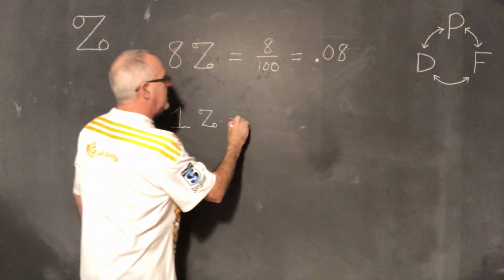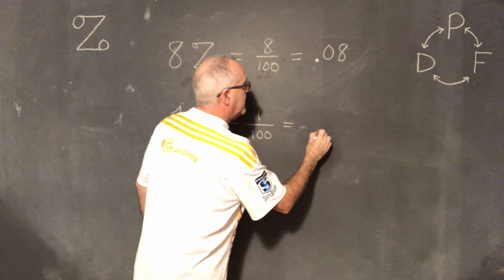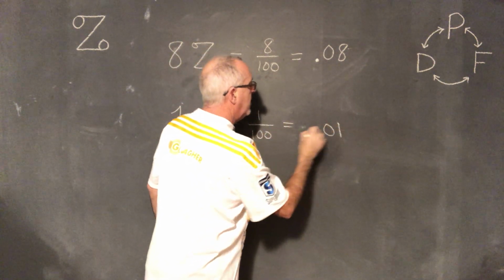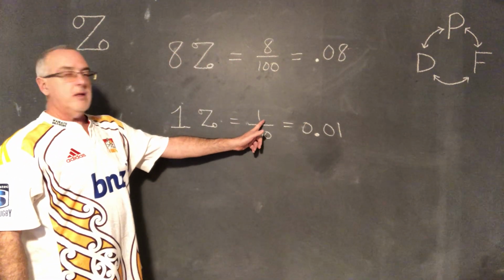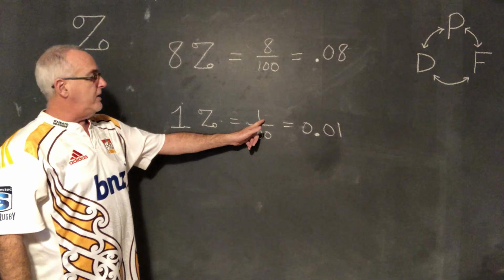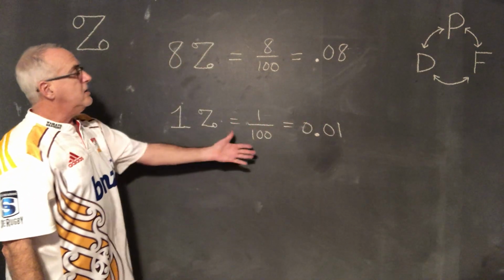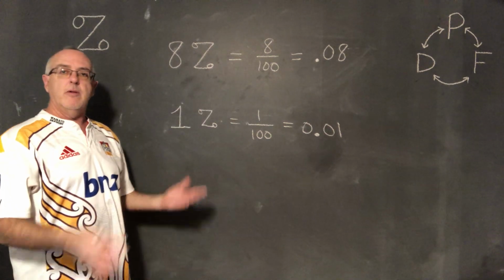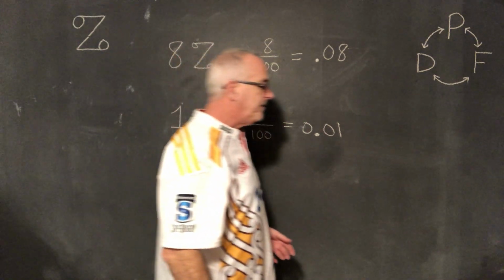So 1% means 1 out of 100. And that is going to give 0.01 because the decimal with this one would be right here. And if I move it 2 places to the left, I need the placeholder 0 so that I can do that. So it's looking the same as the 0.08 and the 0.05 before it. Nothing really that crazy has happened.